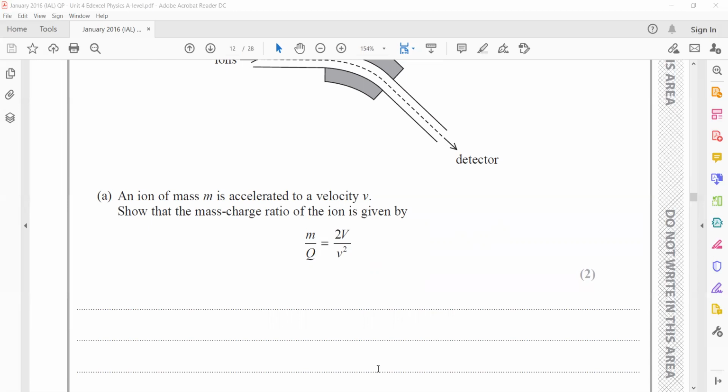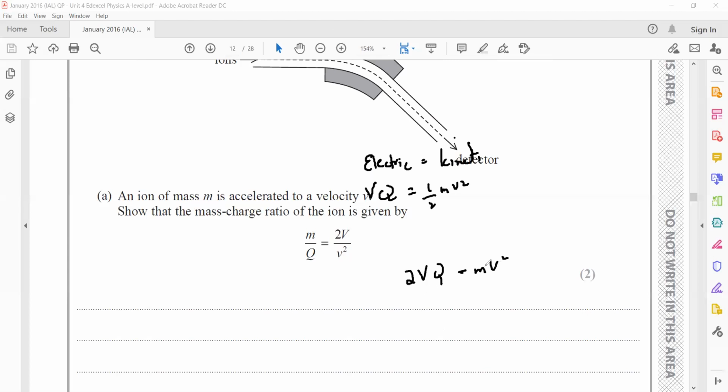Voltage is work done per unit charge, so voltage into charge is equal to kinetic energy, half mv squared. Because we need the potential, this 2 is divided on one side, on the other side it will be multiplied. So it will be 2Vq is equal to mv squared. I need m divided by q, so I just rearrange the equation.